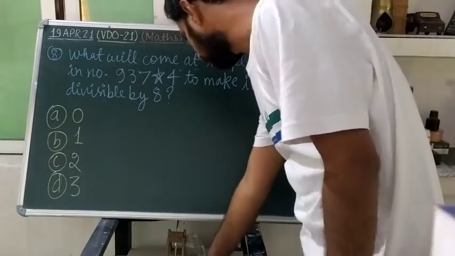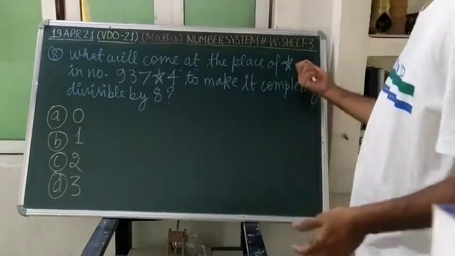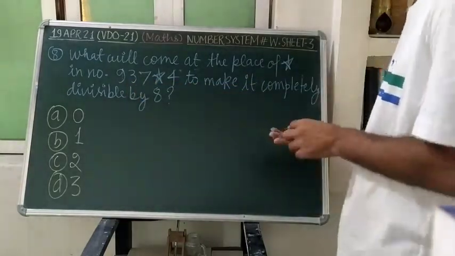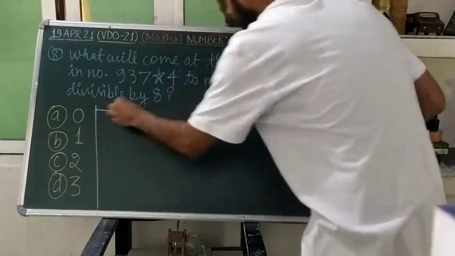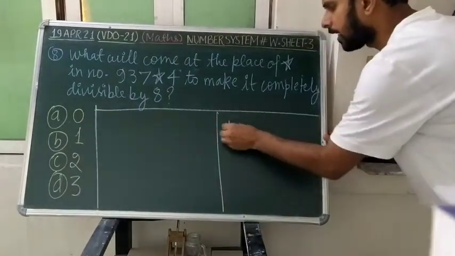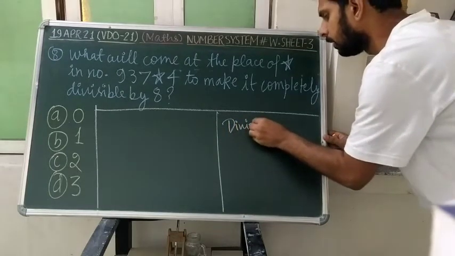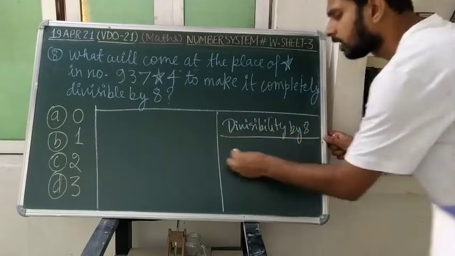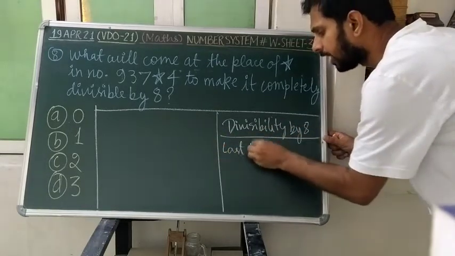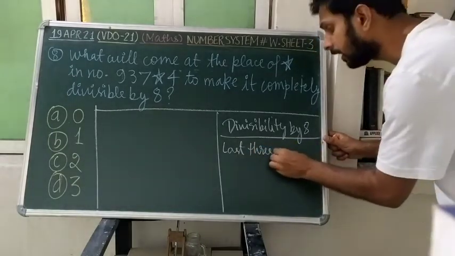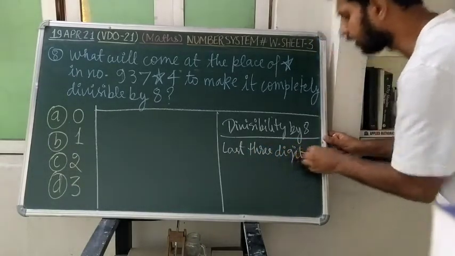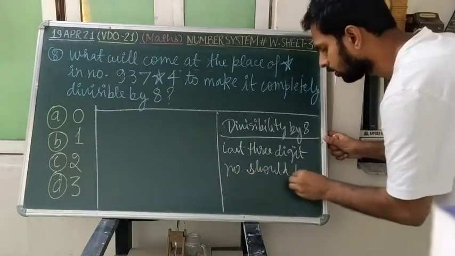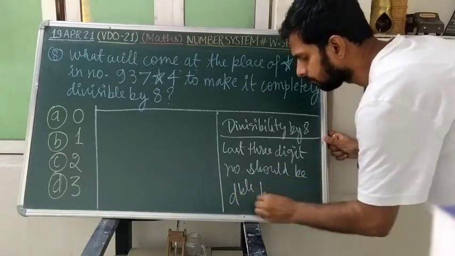Eighth problem: what will come at the place of star in the number 937*4 to make it completely divisible by 8? Divisibility by 8 is nothing but the last 3 digit number. The last 3 digit number should be divisible by 8.